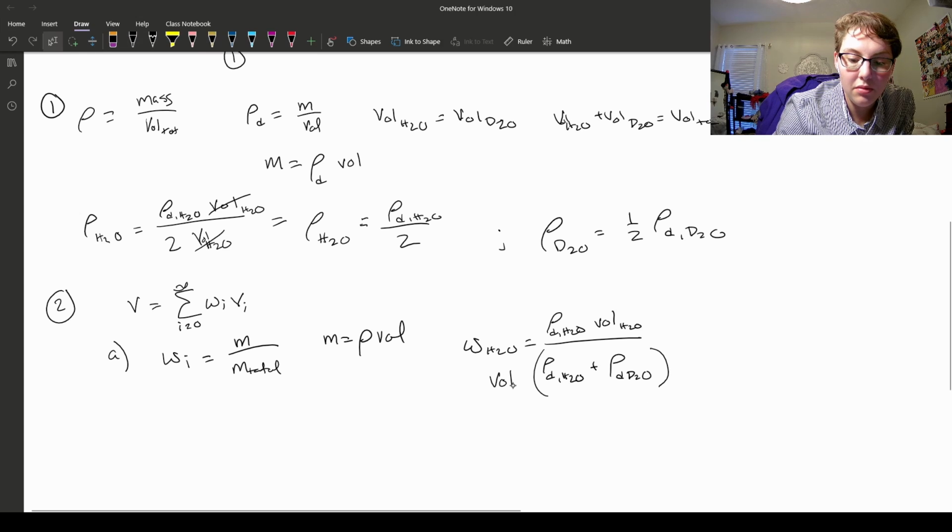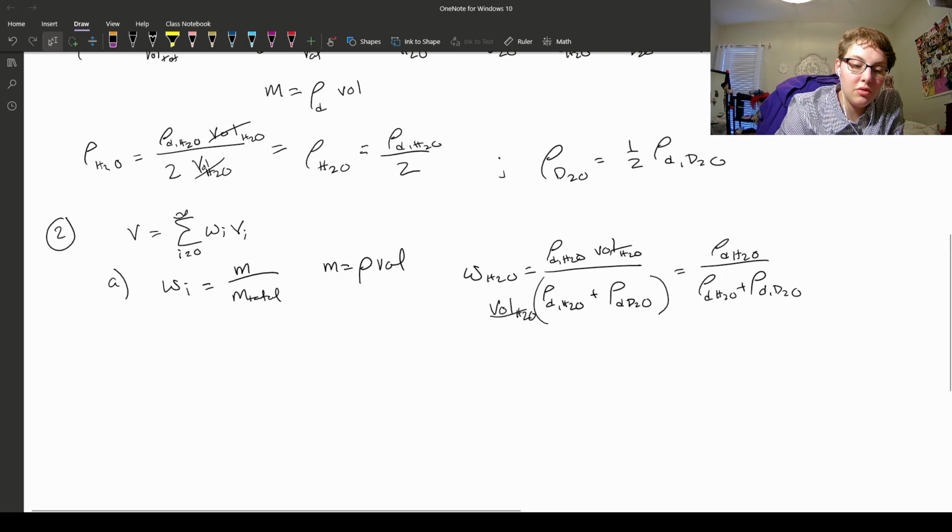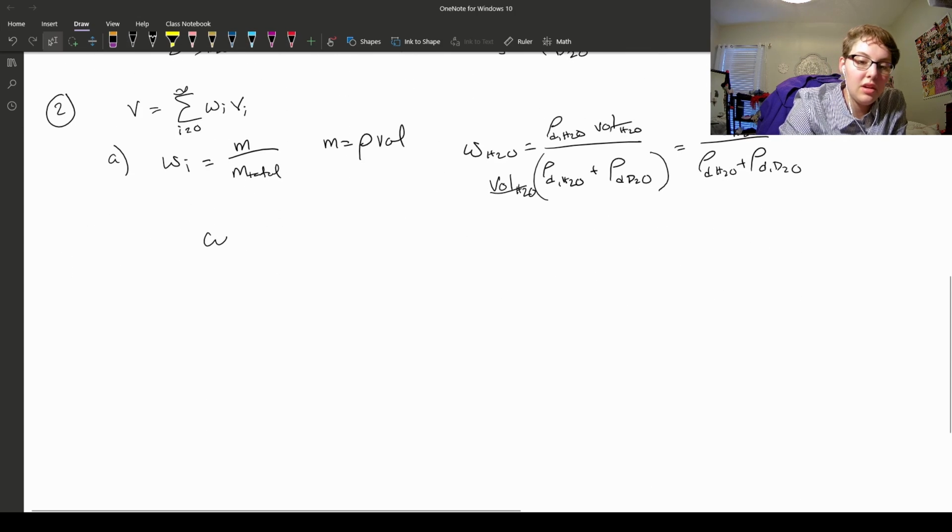And we can pull the volume out of those because we know the volume of H2O is equal to the volume of D2O. That lets us cancel those out, which will just give us the density of H2O divided by the sum of the density of H2O plus the density of D2O. The same, of course, will be true for the mass fraction of D2O.